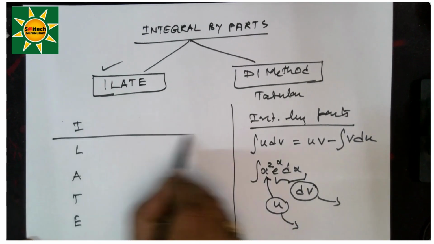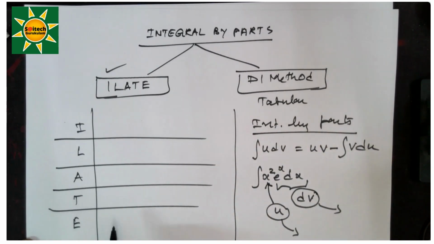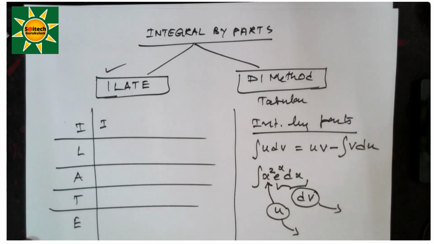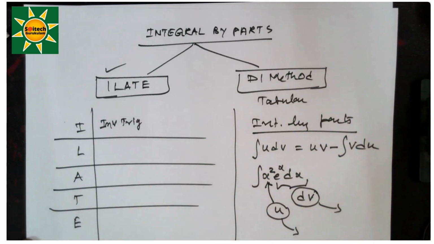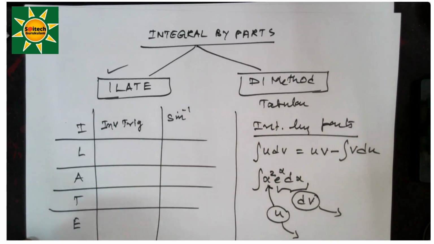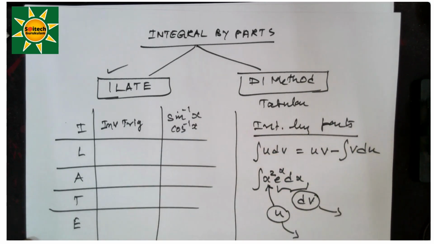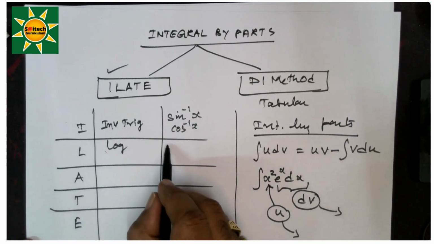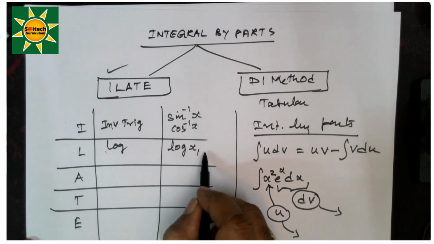Suppose if you have inverse trigonometric function, you can take the inverse trigonometric function as u. For example, sine inverse x, cos inverse x, etc. If you have logarithmic function, you can consider this as u, either it is log to the base 10 or natural log.